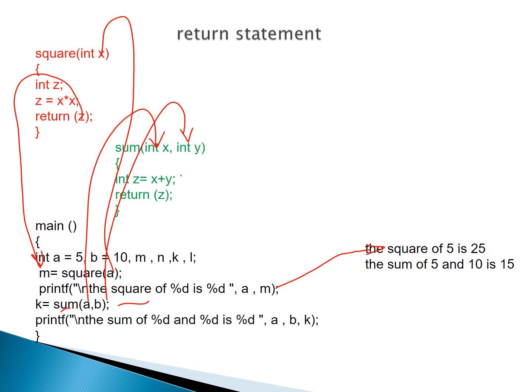So z is equal to 15. 15 will be returned and it will be stored on k here, and this will be the output. So that's how this program will be executed. So basically we should receive the return value on a proper type of variable.